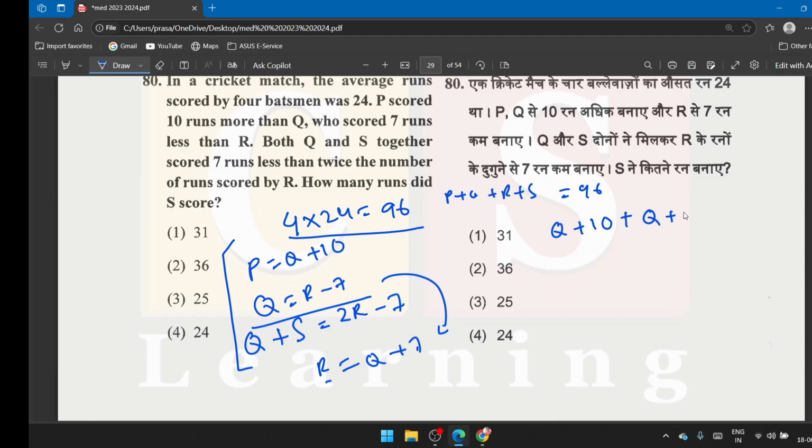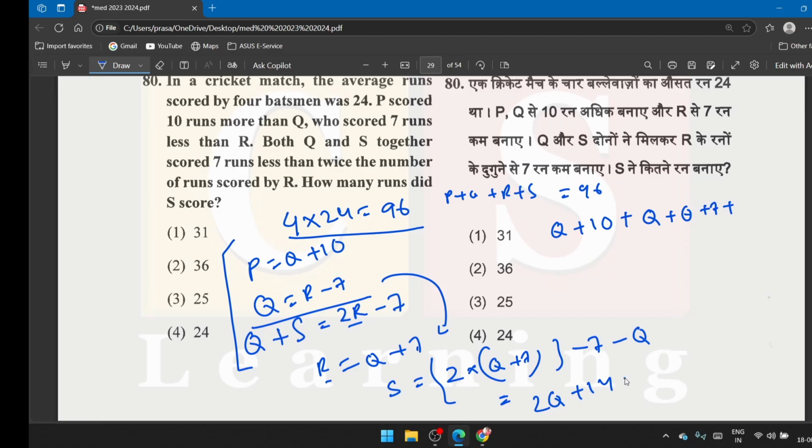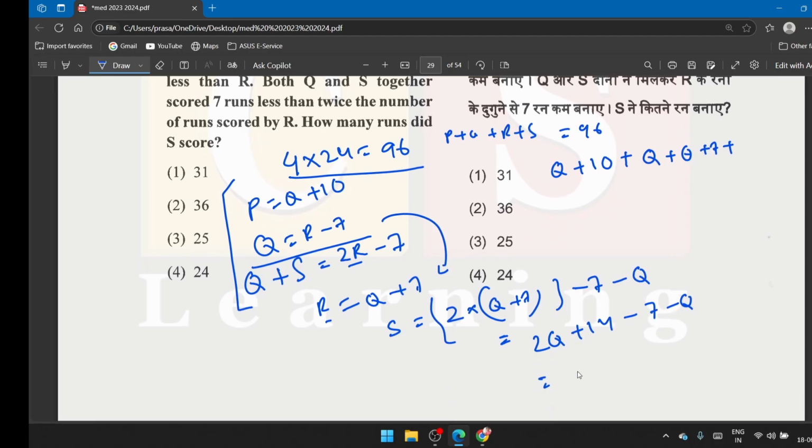Then S equal to 2 into (Q plus 7) minus 7 minus Q. That is 2Q plus 14 minus 7 minus Q. This will give Q plus 7. So Q cancels partly and 14 minus 7 gives Q plus 7. So S is also Q plus 7.